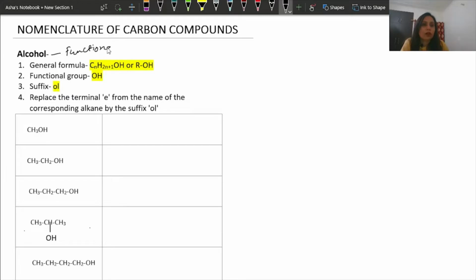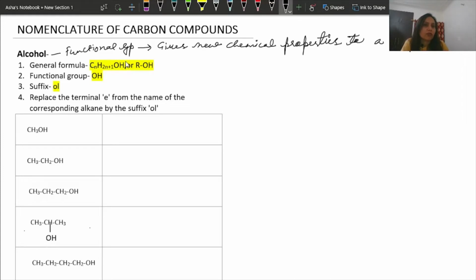Functional groups are an atom or a group of atoms which gives new chemical properties to a compound or a molecule.